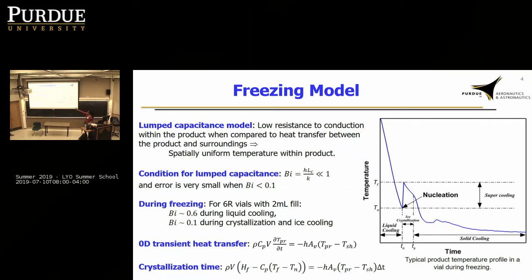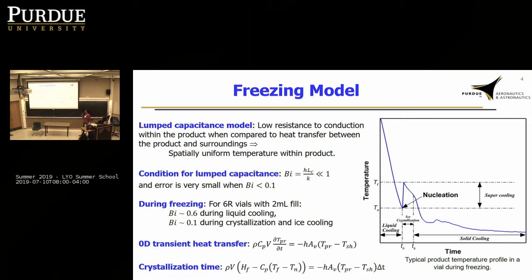And then during this crystallization stage, in general, you'll see the liquid cooling up to this point called Tn, which is the nucleation temperature. Then you'll see a rise in the temperature, which goes up to Tf, which is your freezing temperature. Then you'll see a slow decay during this crystallization, and then the temperature drops and equilibrates with the shelf temperature.